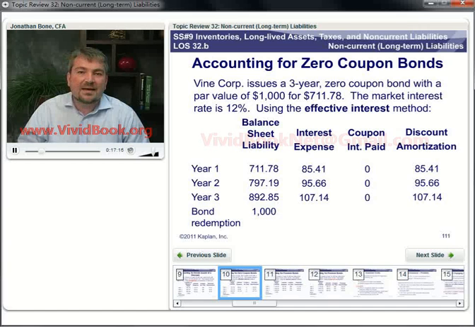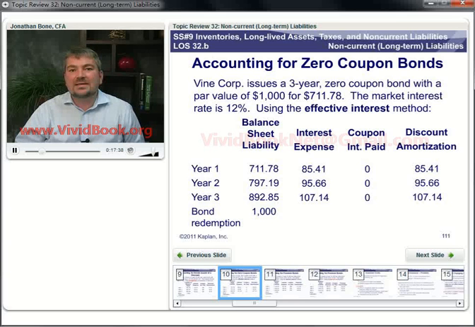Okay, at the end of year 2, we add that amortized discount to the liability. So at the end of year 2, beginning of year 3, we now have a liability of 892.85. 12% of that gives us 107.14. Okay, and again, we've got a little rounding difference here, haven't we? 107.14. No coupon, so all of that's amortized.